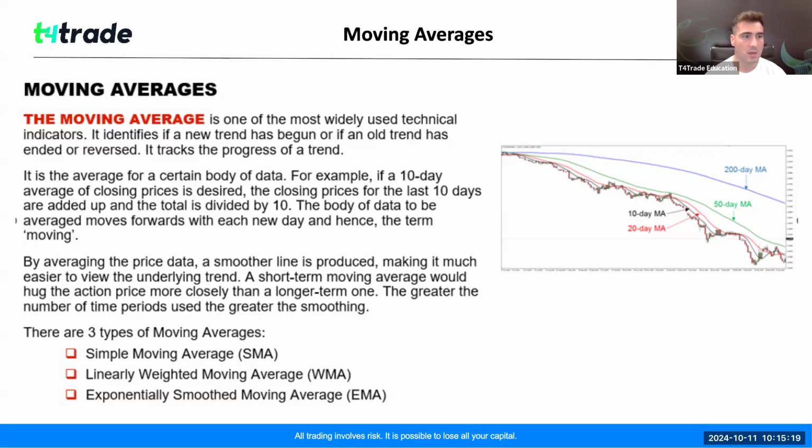Okay, so at the end of the day it tracks the performance or the progress of a trend. So you use moving averages for confirmation about where the trend is headed, not where it's going to head next. It is the average of a certain body of data, hence the term average.